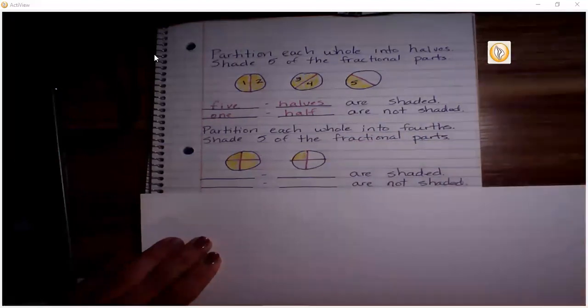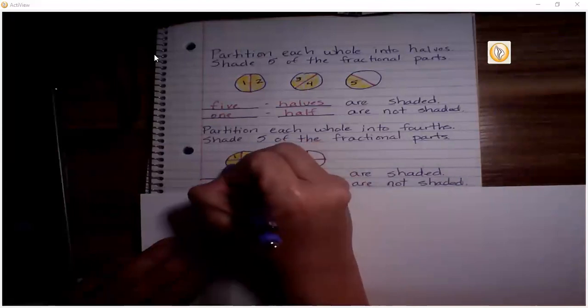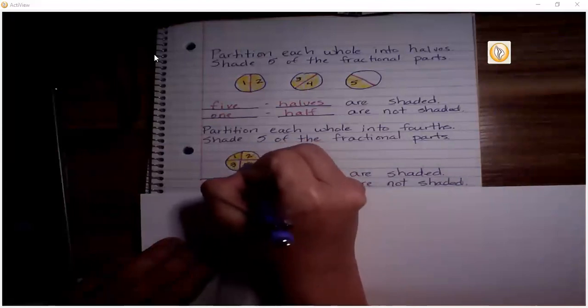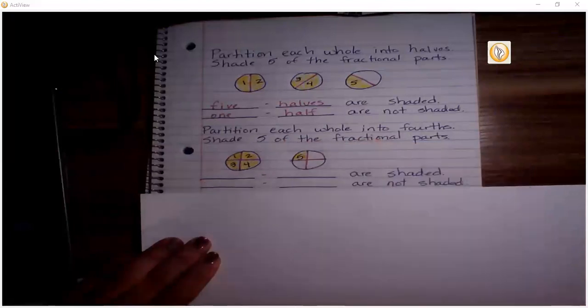So we're going to go back through and double check to make sure we did that correctly by labeling our pieces. 1, 2, 3, 4, 5. There's that number they asked me to shade.